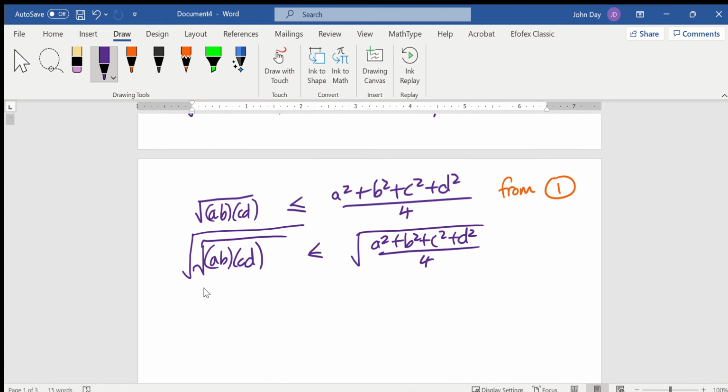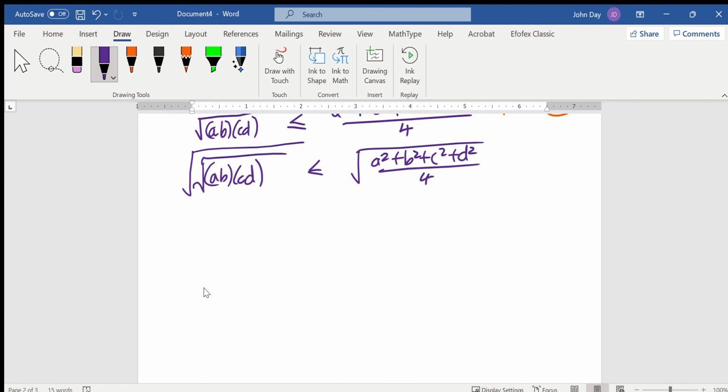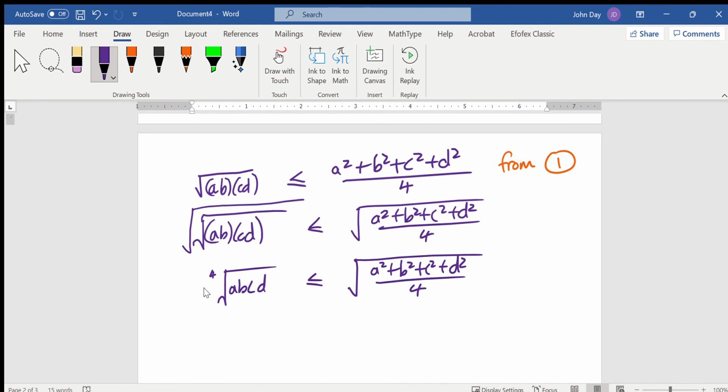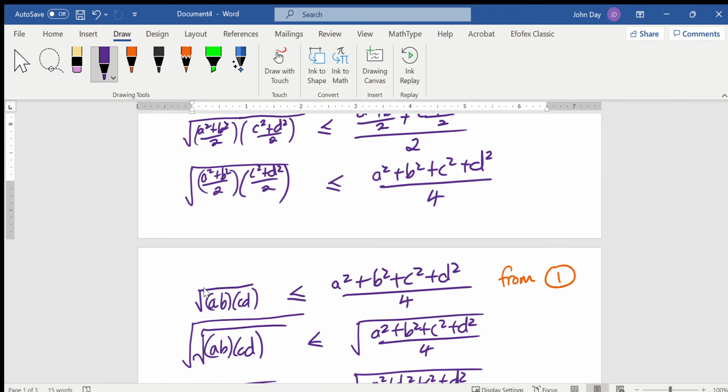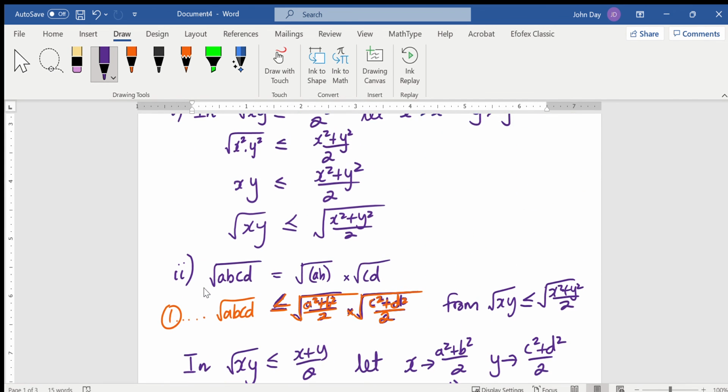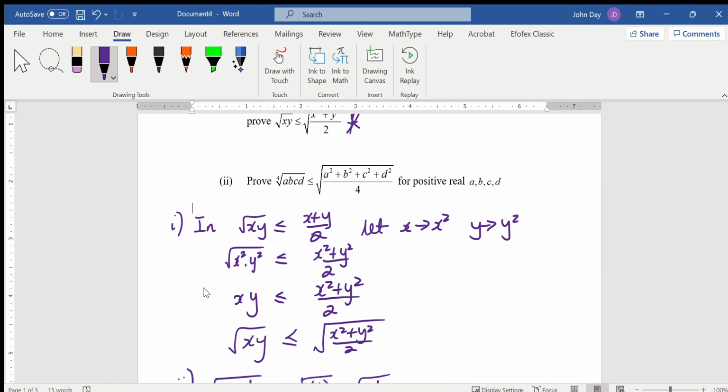So I've square rooted both sides, and that leaves me with the fourth root on this side, and the square root of a squared plus b squared plus c squared plus d squared on 4. So, yep, that's what they asked us to prove, so job done.